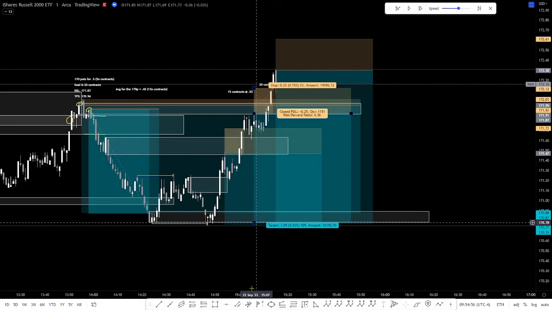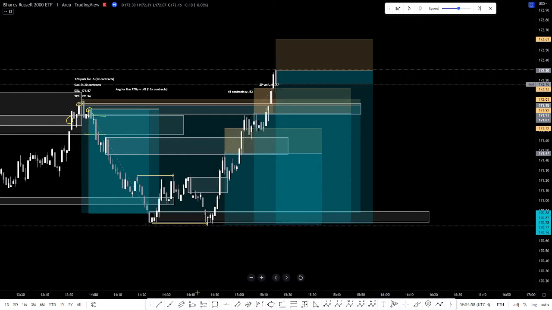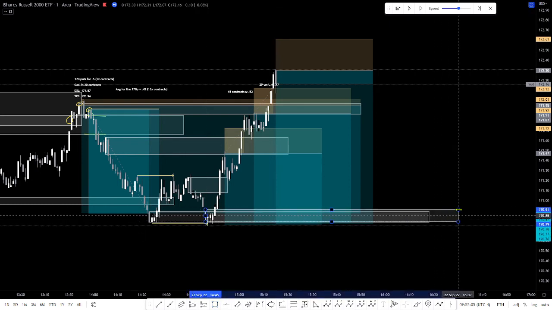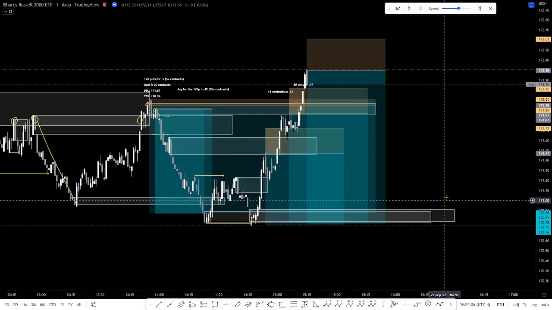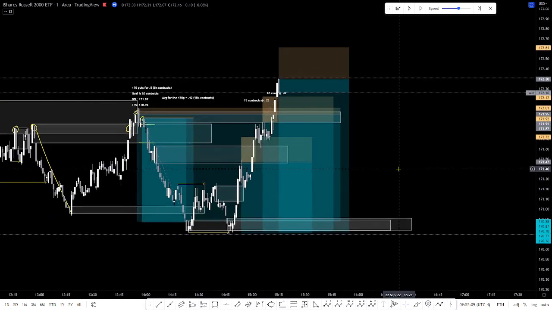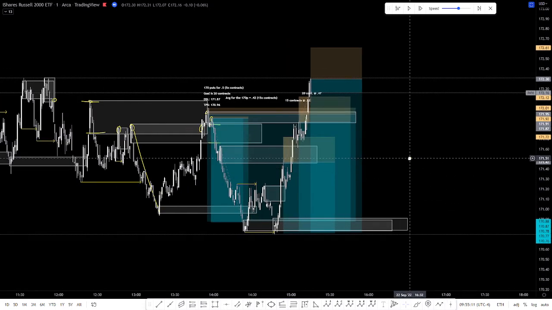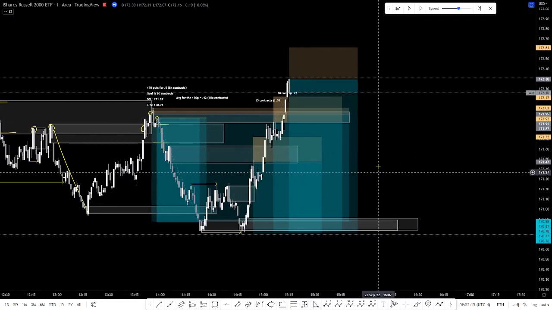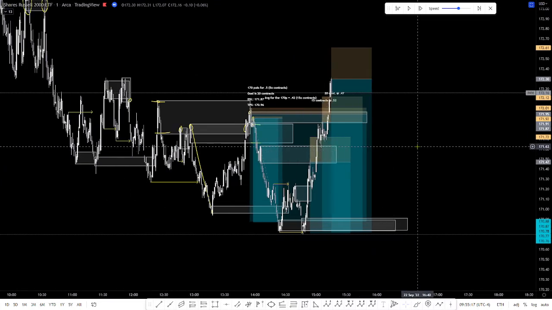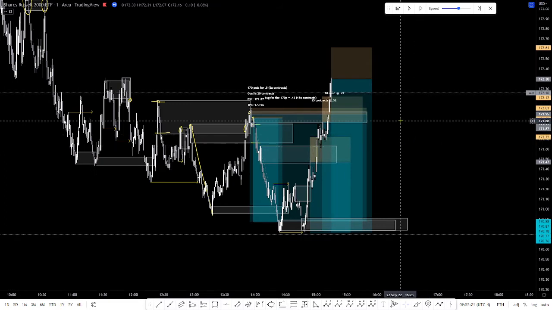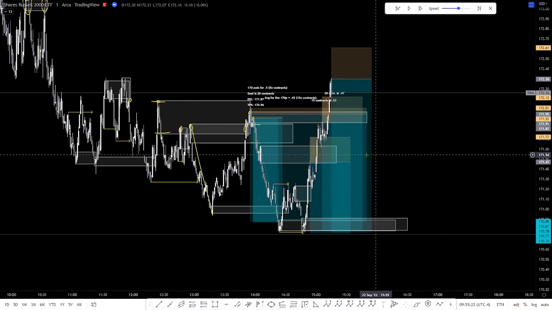So I know that I got a validated order block that hasn't been tested off this level, right? So I know I have this as an order block. I'm fairly confident price is going to continue coming down here. So I'm not getting scared, because even though we've broken different levels of structure to the high side, even though this is on a minute chart, I know that maybe on the 2, the 5, and the 10 minute, we've broken enough structure to move higher.